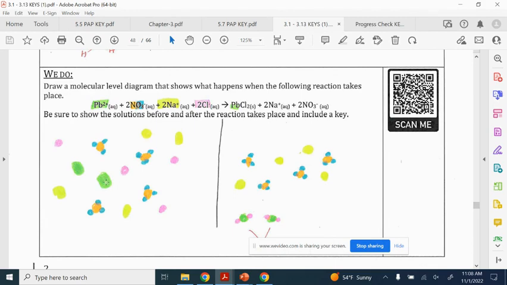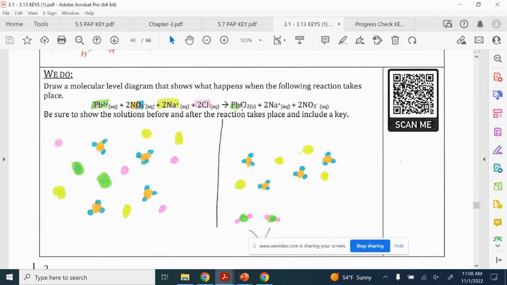So here, you're looking at your lead. I've got that here. And see how it says aqueous? That means it's broken up into its ions. Here is your NO3s. Here is your sodiums and chlorine. And notice how they're not attached, except for the nitrate. They're not attached to one another because they're all aqueous.